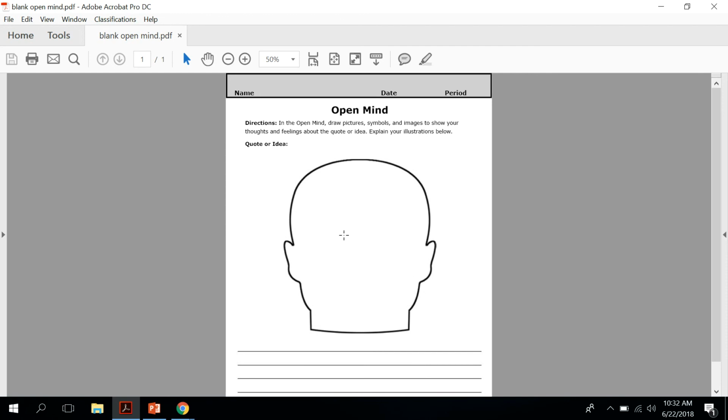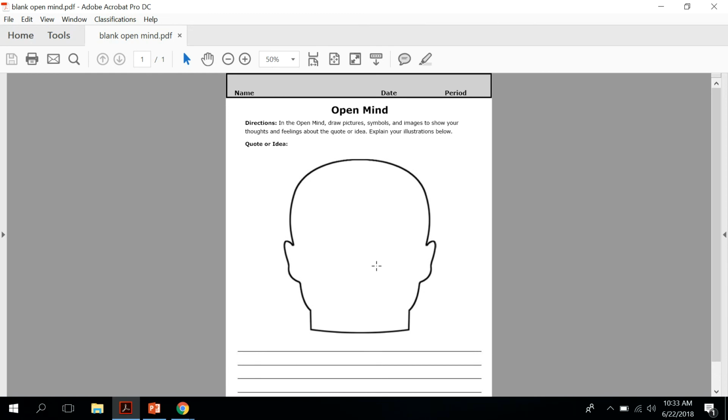And then I want you to, in the image here on this graphic organizer, draw pictures, symbols, and images. And you can even write words if you think that would be more appropriate to show your thoughts and feelings, to show what you think that person, your historical figure that you've chosen, is thinking.